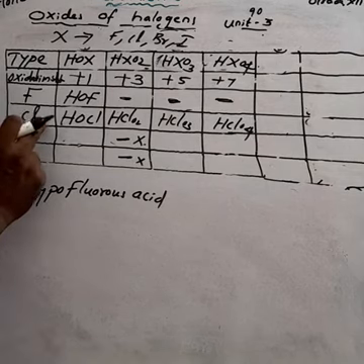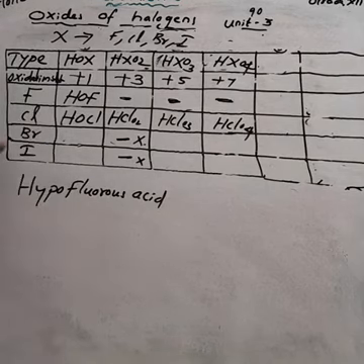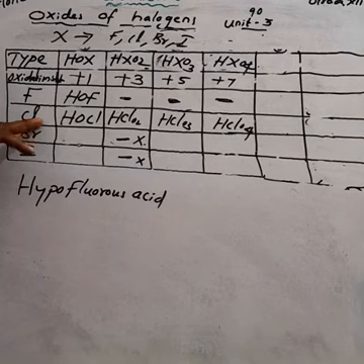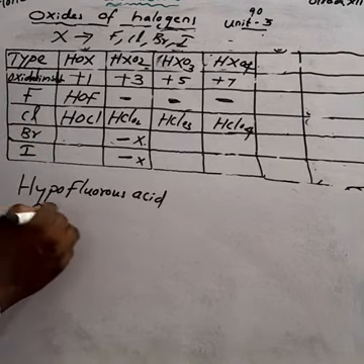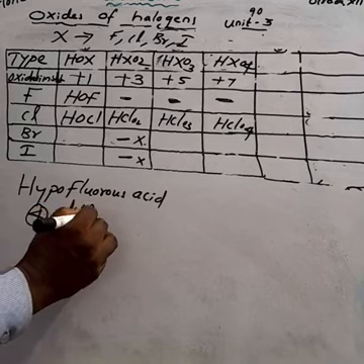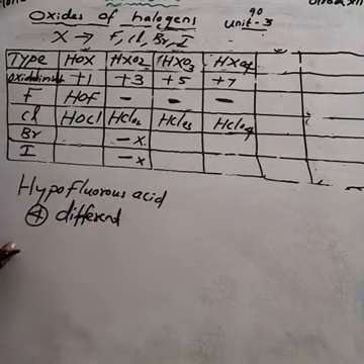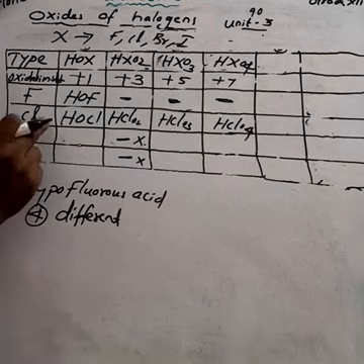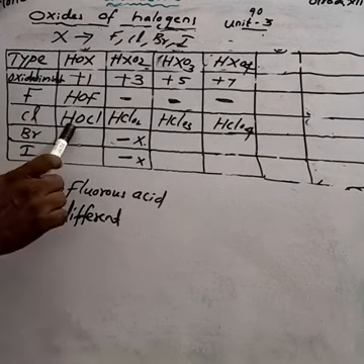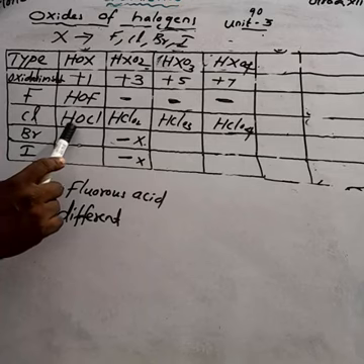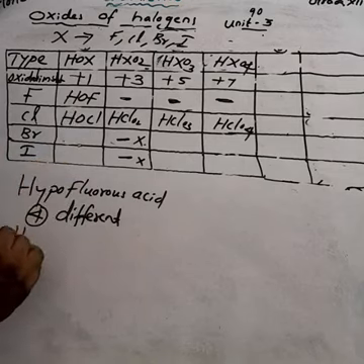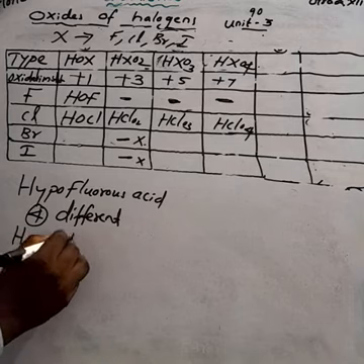What about chlorine? Previously I told that chlorine can form 4 different oxoacids. The first one is type HOX. Chlorine can form HOCl. The name of the compound is hypochlorous acid.